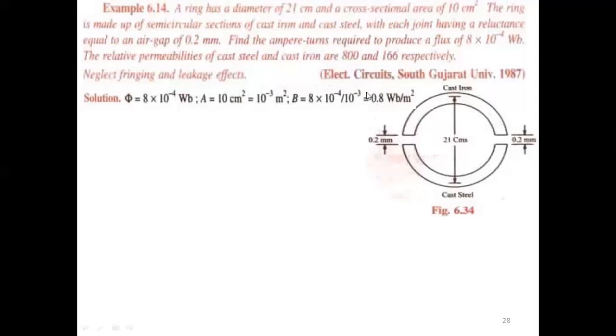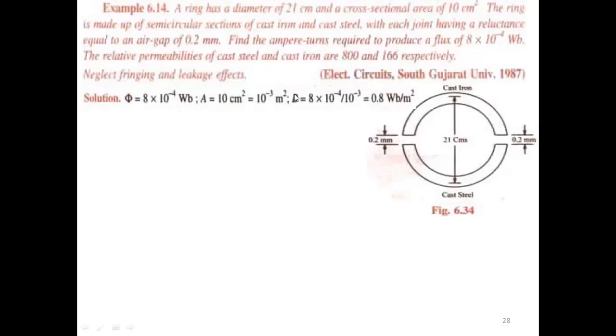The total mmf we have to calculate to produce a flux of 8 into 10 to the power of minus 6 Weber. The relative permeability of the steel is 800 and of iron is 166. Neglect fringing and leakage. I have not explained leakage and fringing to you yet, so don't consider them here.